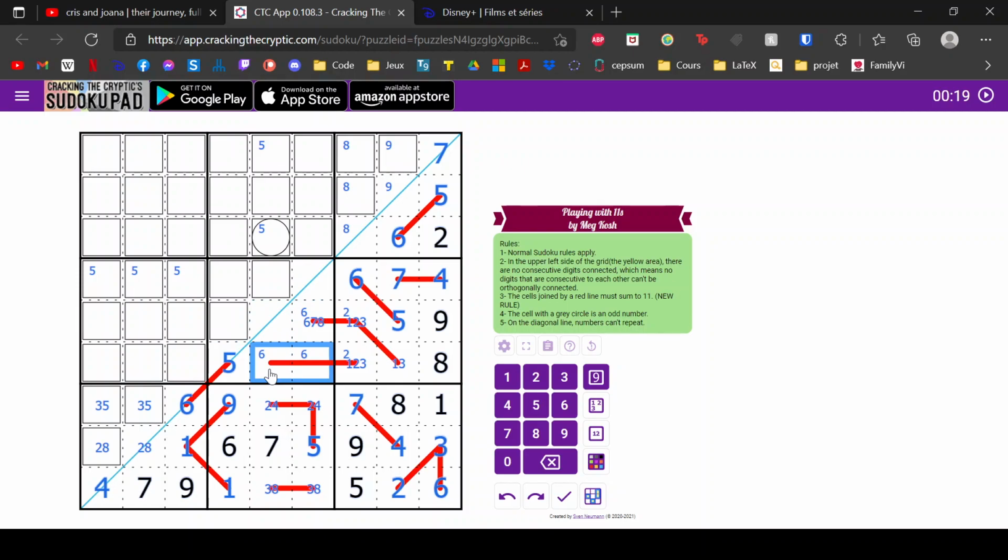The 9 can't be on the red line. It's not there, not there. So we have the 9 there.